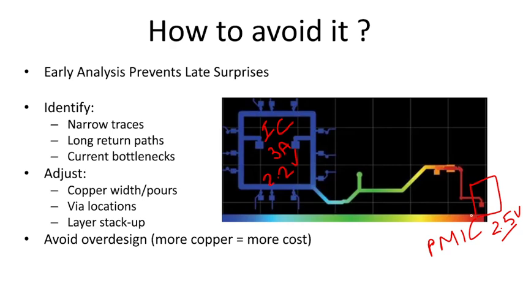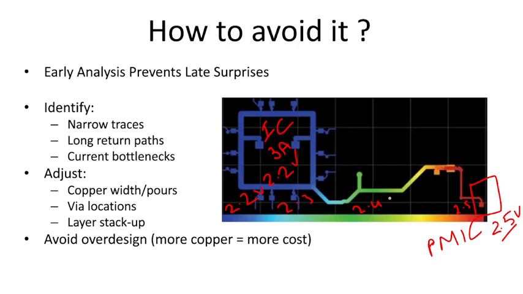If you look at the legend scale here, red is 2.5 volts, green is 2.4 volts, blue is 2.3, and this navy color is 2.2 volts. So we are almost having how much? 0.3 volts of drop because of this narrow line.